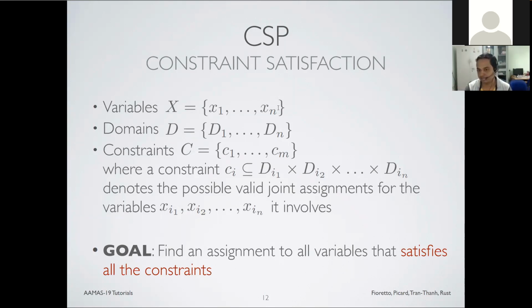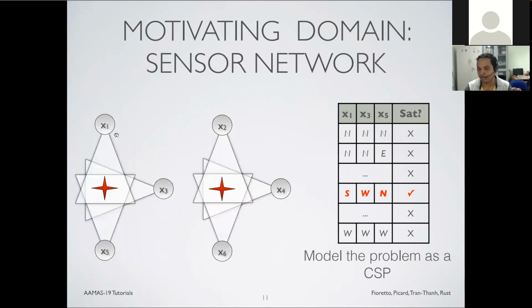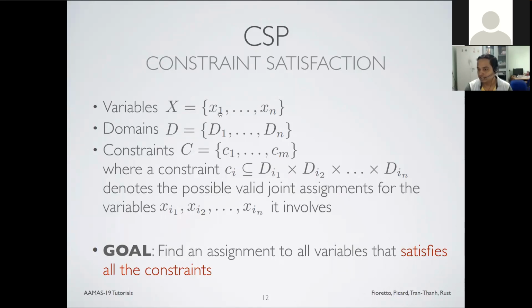Similarly for xn. So for this particular example, if we assume the left scenario, then there are three variables, x1, x3, and x5, and the domain is east, west, north, and south.